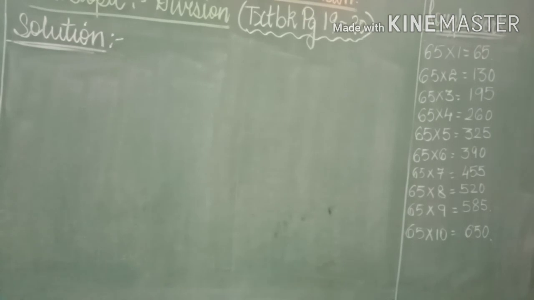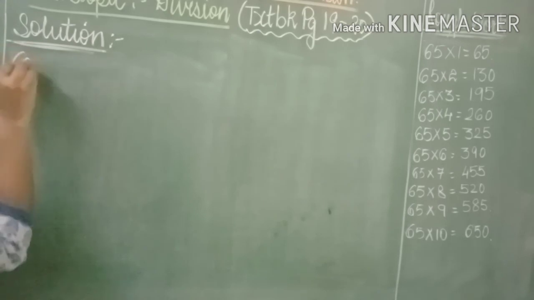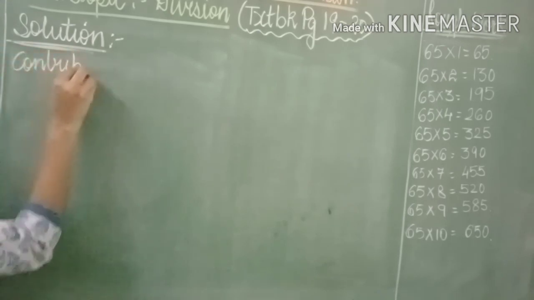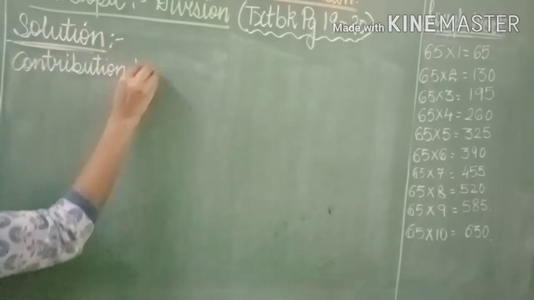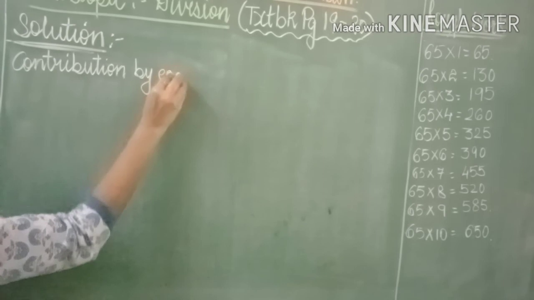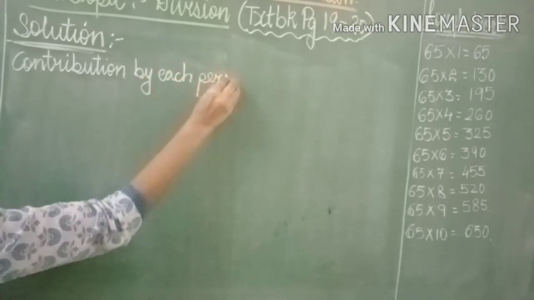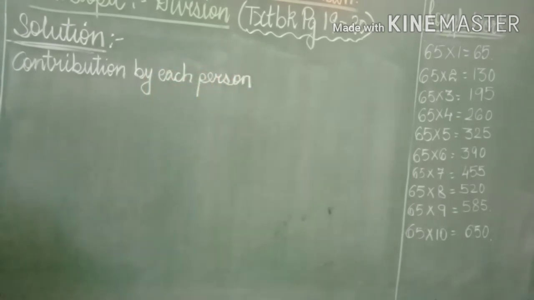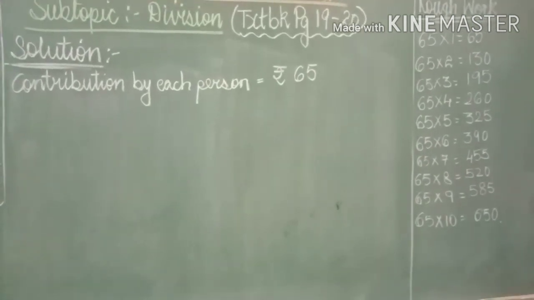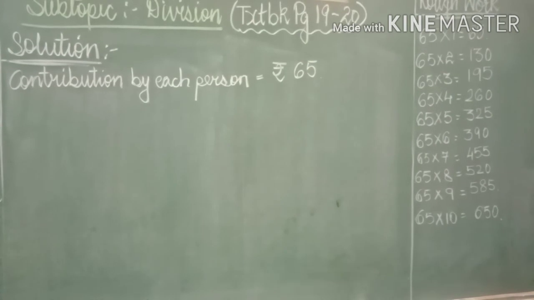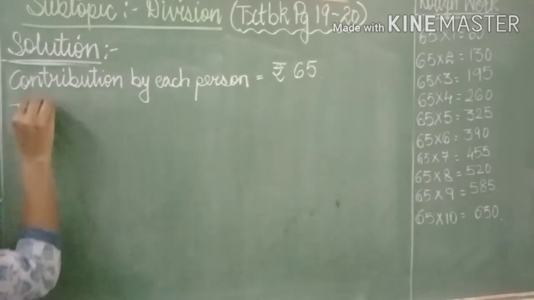So let's write the solution. We will be writing the contribution by each person. We know how much the contribution is. Contribution is rupees 65, as I have written it on the blackboard. Now we have to write the total contribution. From the question we have also got this.